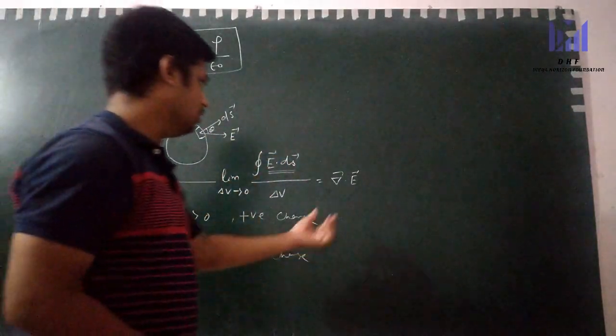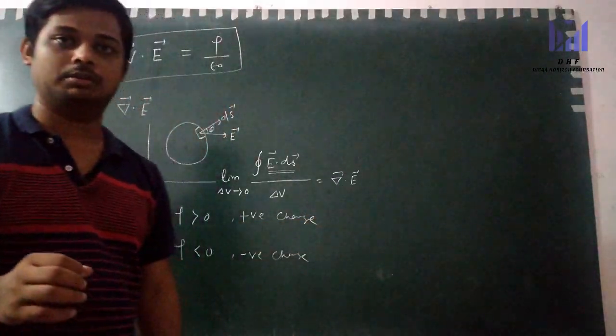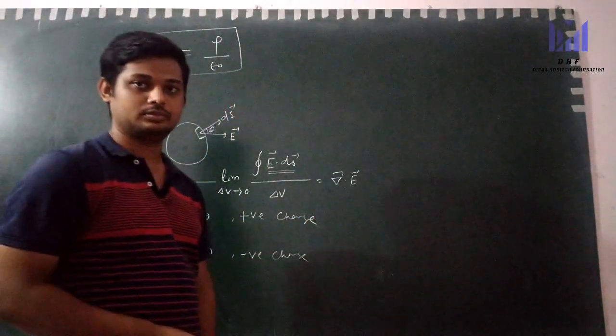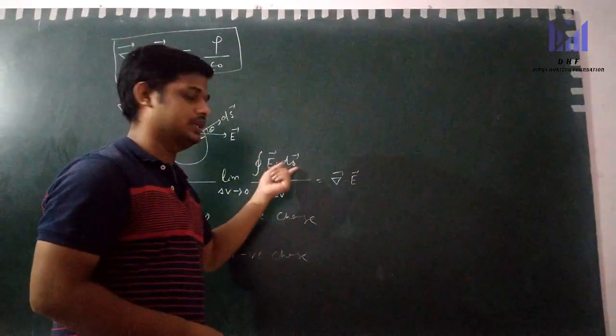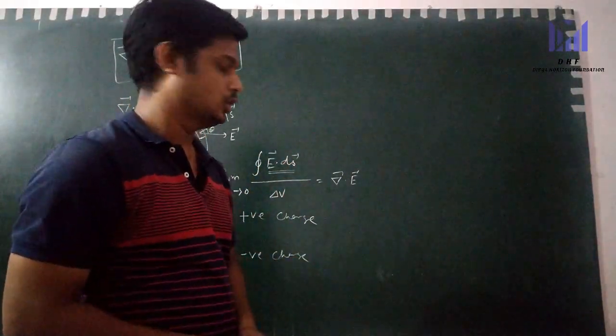So if del dot E, the divergence of E at a particular point, is greater than 0, then this value of integration must be greater than 0.